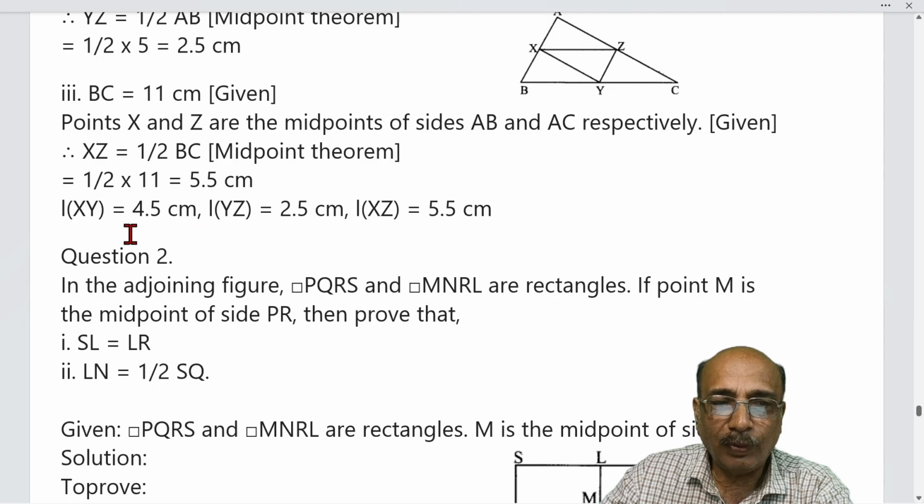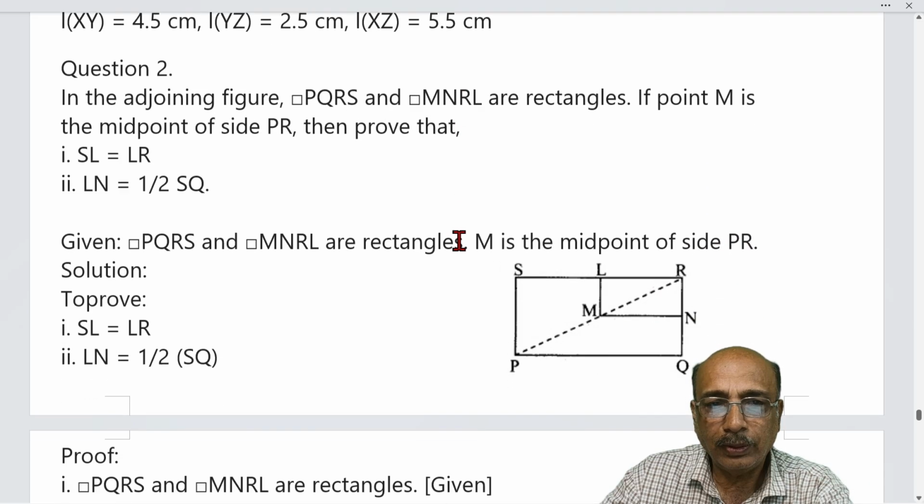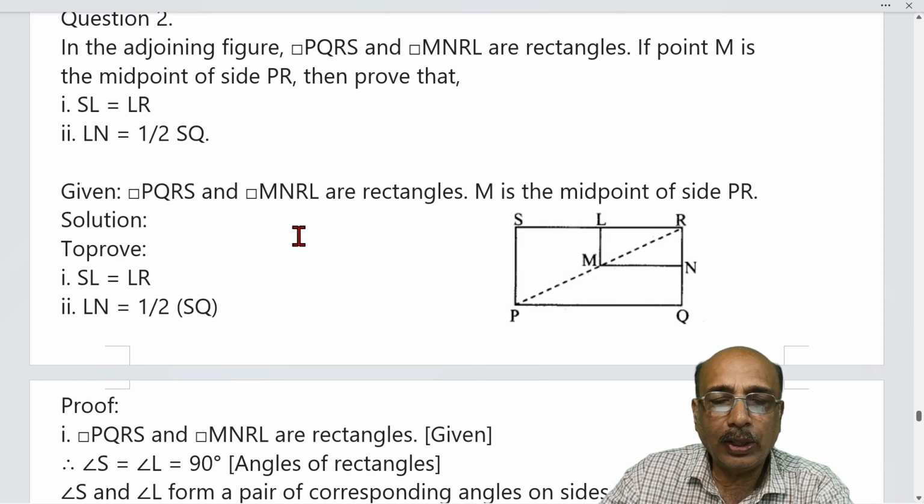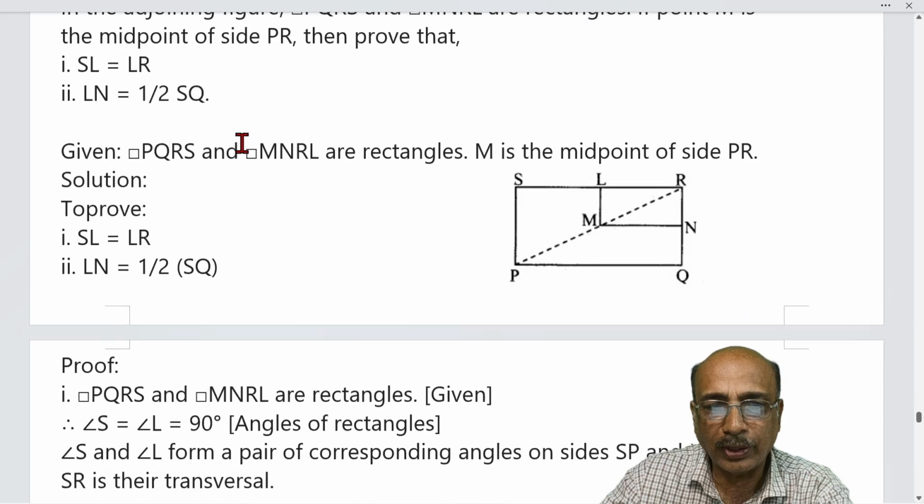Like this, we can find out XY equals 4.5 centimeter, YZ equals 2.5 centimeter, and XZ equals 5.5 centimeter. Next question. In the adjoining figure, quadrilaterals PQRS and MNRL are rectangles. If point M is the midpoint of PR, then prove that SL equals LR and LN equals half of SQ.